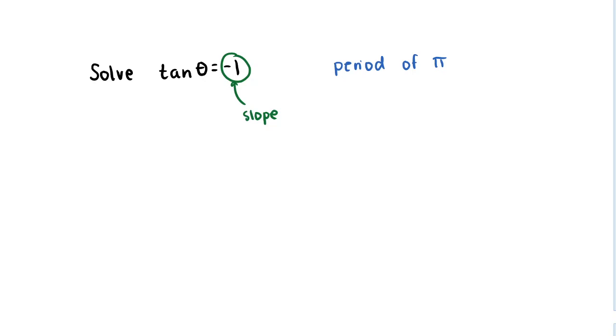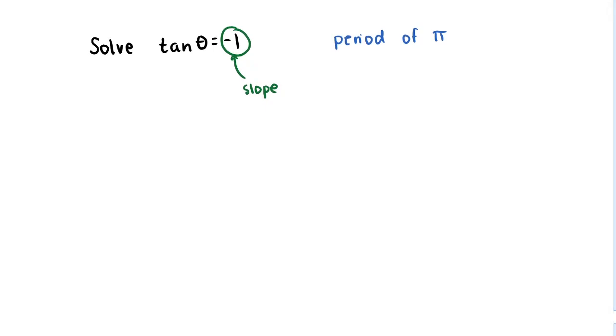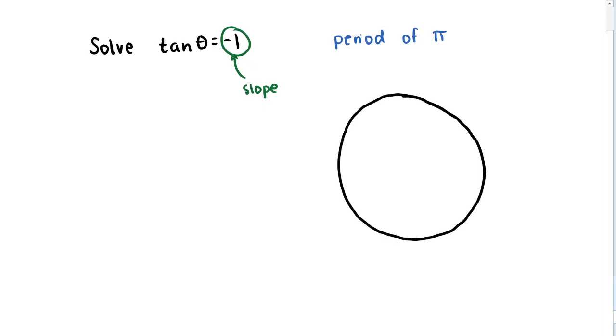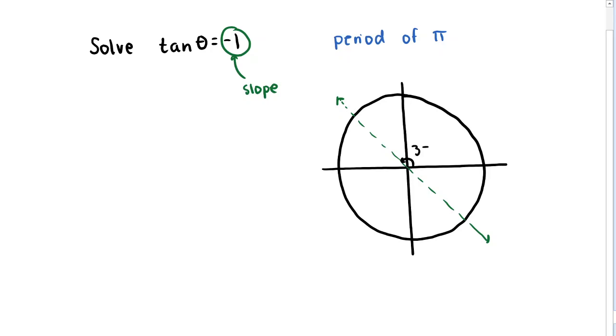So tangent has a period of pi, and so here really what we want to do is find one such angle with the slope of -1. And so that's the line with the slope of -1, and here we can see that one such angle, at least on the period from 0 to pi, would be 3 pi over 4.